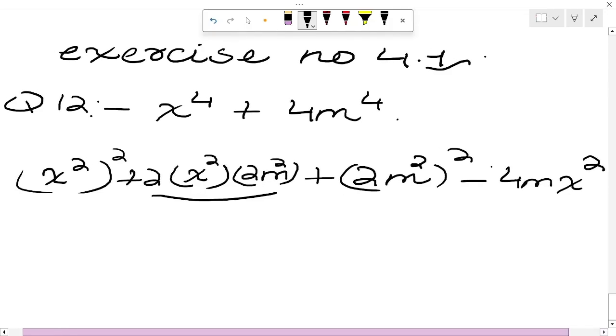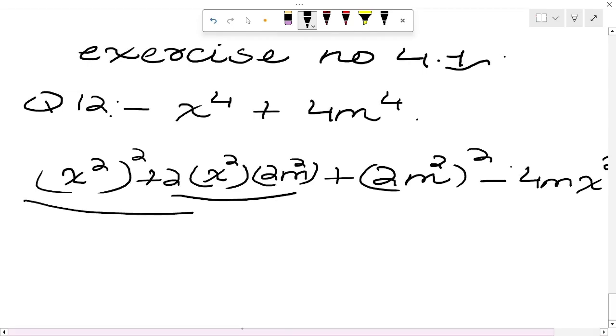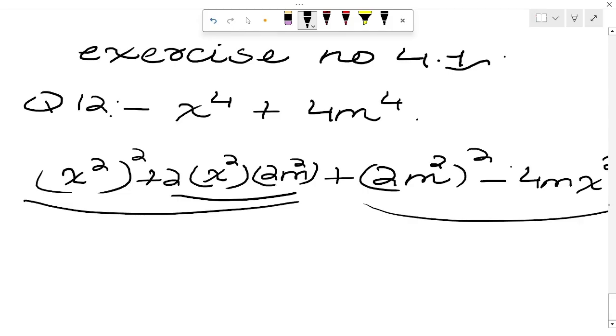square. Now as you can see, we have 2 terms here, we have 2 terms there. Now this is x square and this is 2m square. So we simplified this into the a plus b whole square formula. So we will write that as it is. So x square, this is our first term.